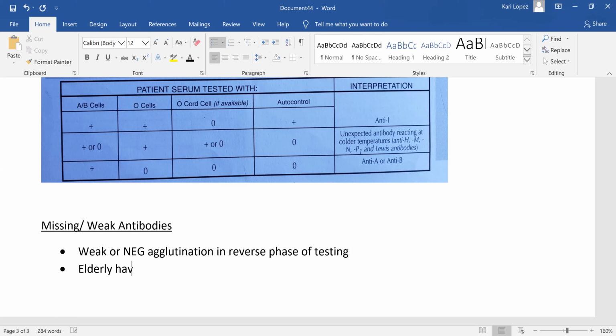So elderly have reduced antibodies, and newborns often have missing antibodies.